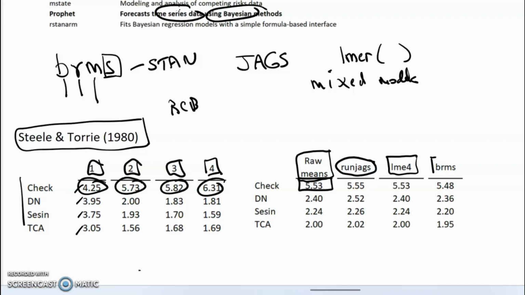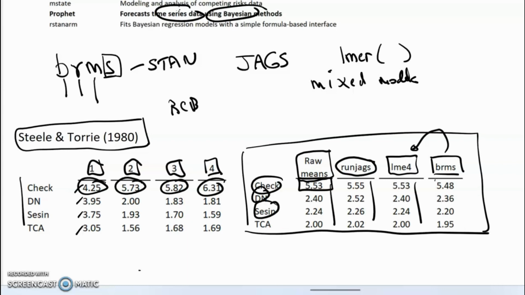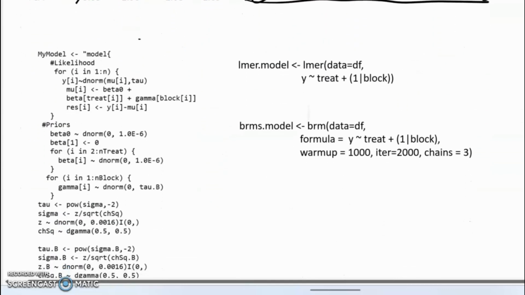And then we're going to look at BRMS that implements Bayesian analysis using syntax that is relatively similar to LME4. And the whole point of this table is to show that irrespective of how we go about obtaining the estimates of our treatment effects, they're going to be exactly the same or pretty much the same for all of these treatments. That allows us to compare the pros and cons of these different approaches.